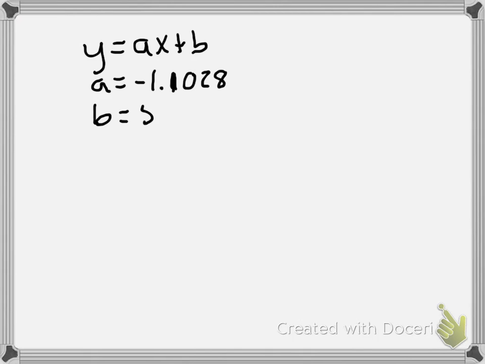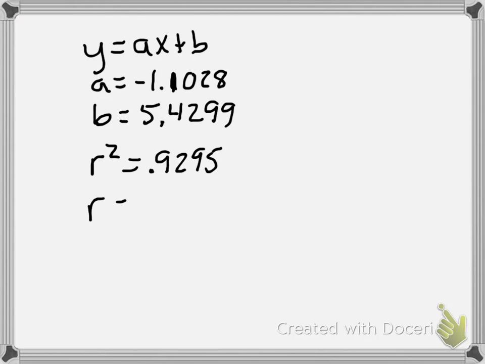My b value is 5.4299. Again, it goes a little farther, I'm just going to cut it off. I get an r squared, which is equal to 0.9295, and an r value that is -0.9641.